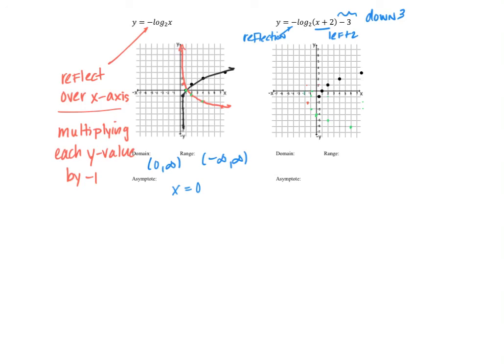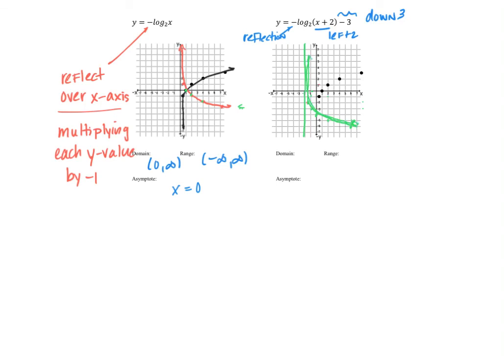So I'm going to have this vertical asymptote here. And my graph now, again, was reflected. So it looks similar to the red curve I have. It was shifted from that original position.